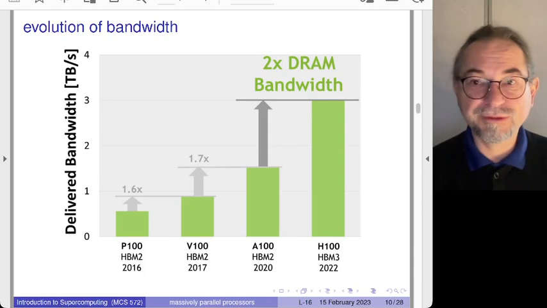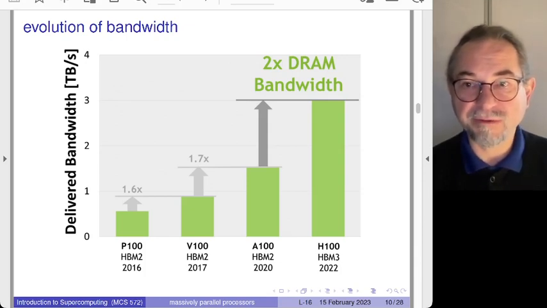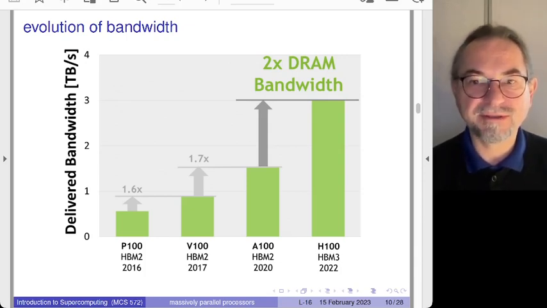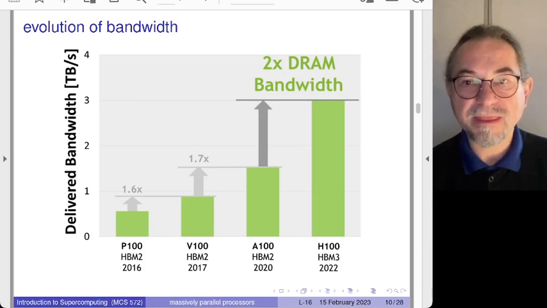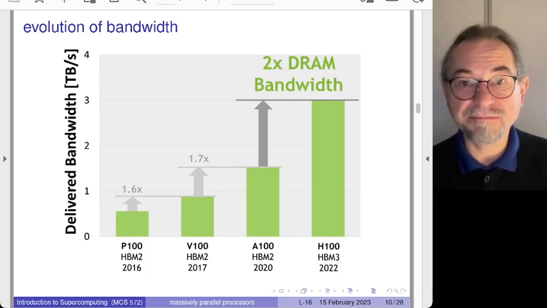And if you go to the websites of NVIDIA, which I would encourage you to look at, the white papers in detail, then you will see that the advertisement is for artificial intelligence. So a lot of applications are actually memory bound and benefit a lot from this increased bandwidth.